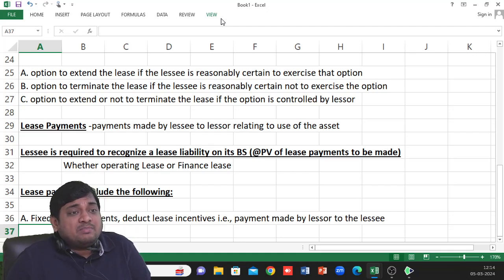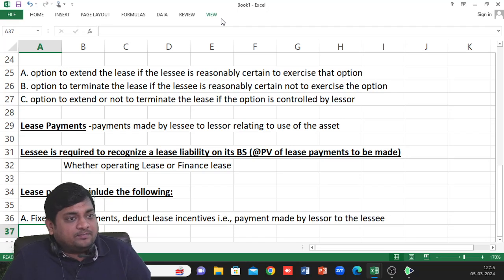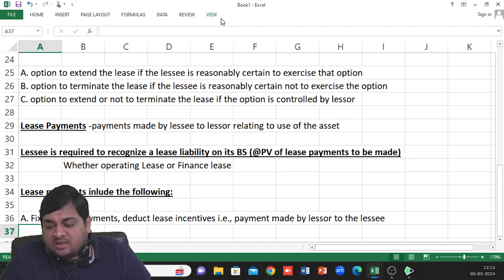Now, fixed lease payments. Fixed lease payment means minimum payment that I have to make, right? Like suppose you are going to give me 5% royalty and a minimum of 1 lakh. That doesn't mean this is variable payment. It's a fixed payment only, right?